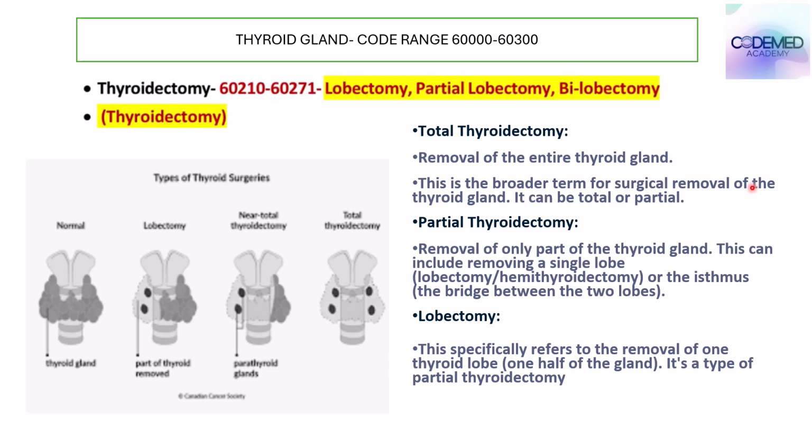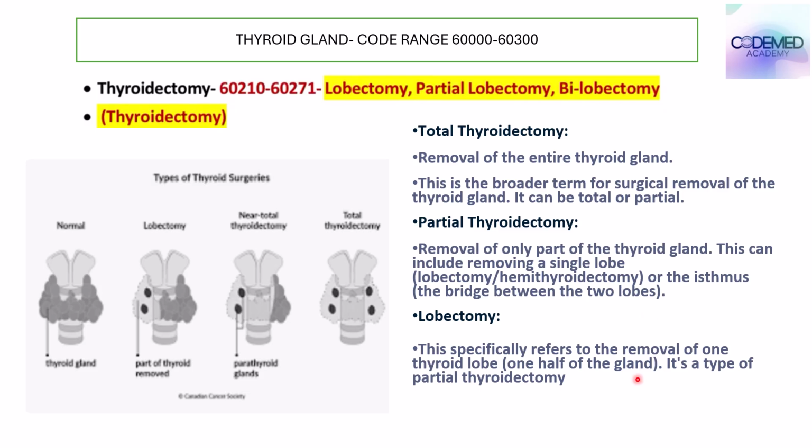It can be total or partial. Total thyroidectomy is the removal of the entire thyroid gland, while partial thyroidectomy is removal of only part of the thyroid gland. This can include removing a single lobe, which is called a lobectomy, or part of that lobe, which is called a hemithyroidectomy, or the isthmus, the bridge between the two lobes.